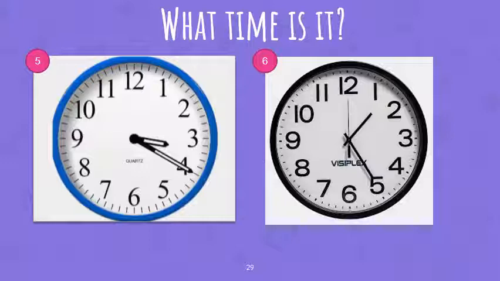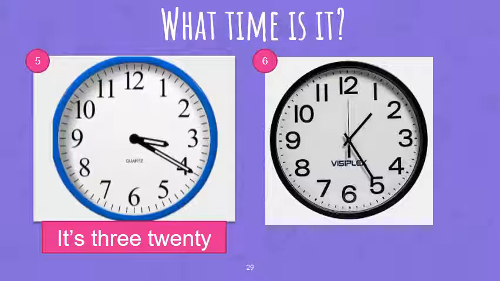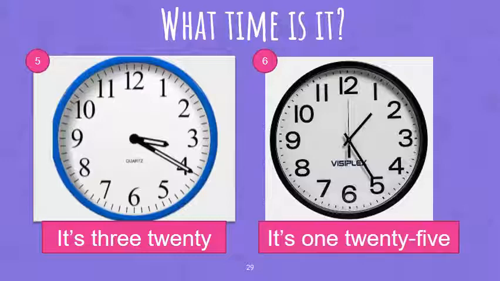Now look at number 5 and number 6 and answer what time is it. It's 3:20. Let's try number 6 now. It's 1:25.